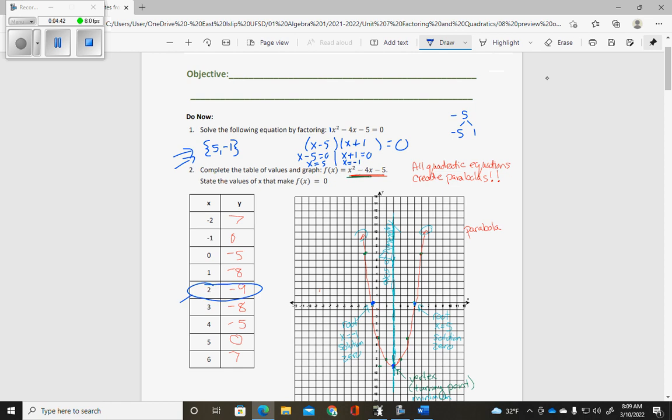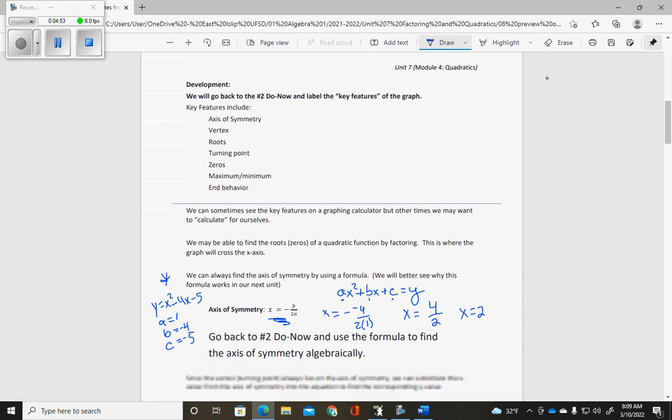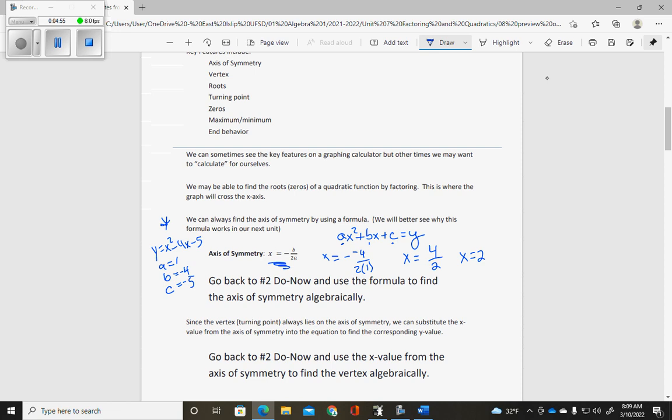We knew that the x value was 2. We knew that the axis of symmetry was the equation x equals 2. So this formula definitely works. It finds the x value of our vertex.